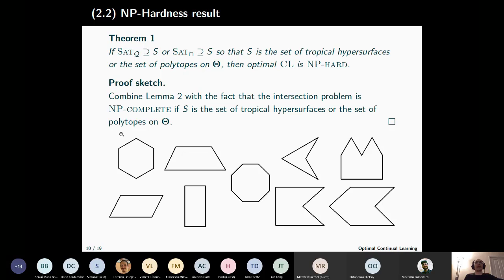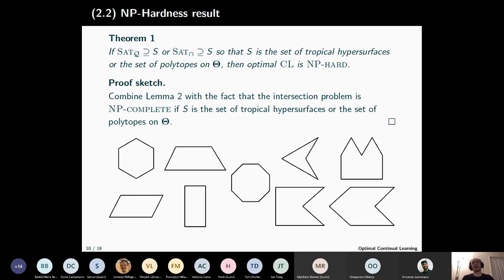And well, with this in place, the first result actually follows pretty much immediately, because it's sort of well known that if the collection of sets is sufficiently complicated, and when I say sufficiently complicated, I don't mean it has to be an extremely intricate shape or intricate geometry. Relatively simple sets will do. But the moment it is sufficiently complicated, intersecting these two sets and deciding whether or not their intersection is empty or not is already NP-hard.